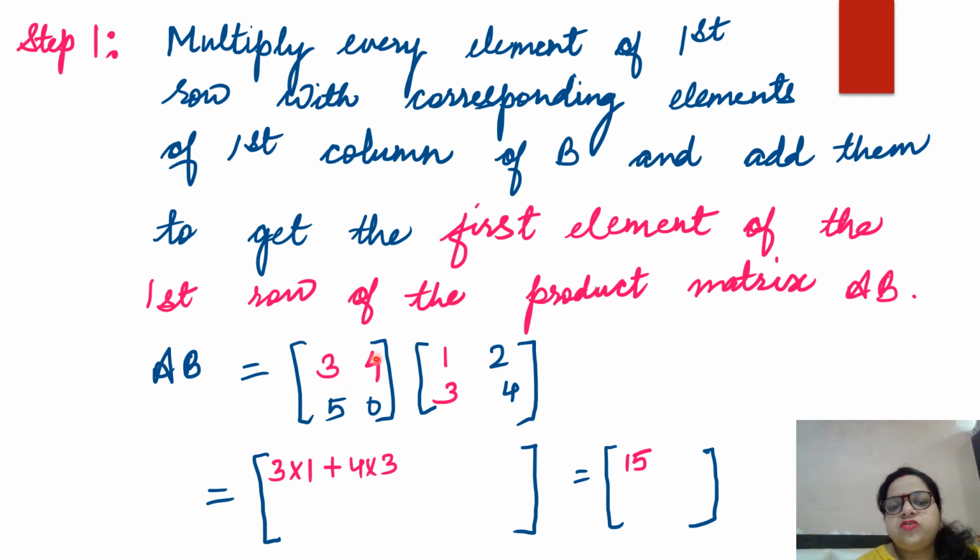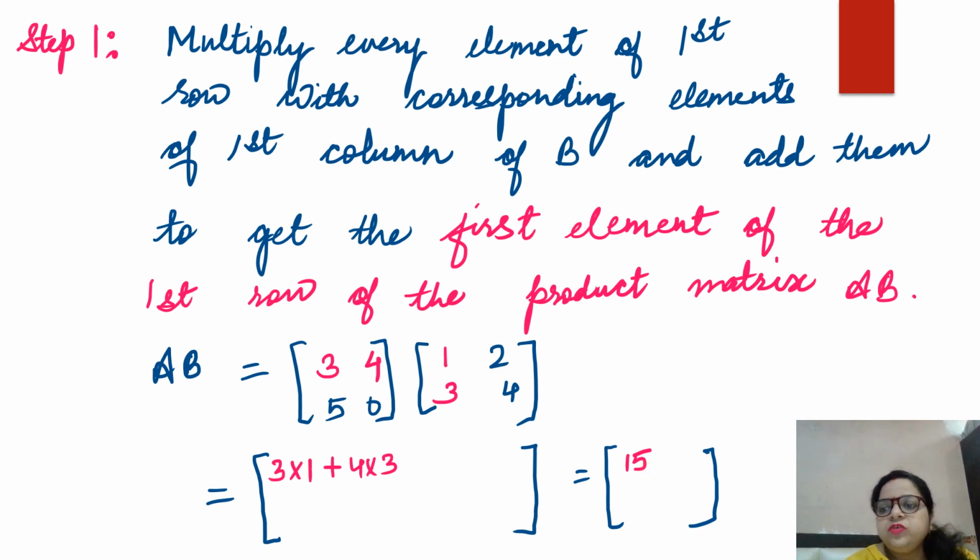We take the first row from here and the first column from here, and multiply 3 by 1 and 4 by 3. So 3 into 1 plus 4 into 3. What will we get after addition? 3 ones are 3, plus 4 threes are 12. We will get 15 as the answer. That is your first element.